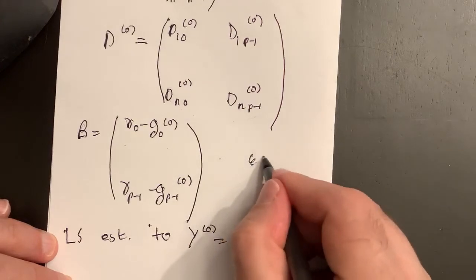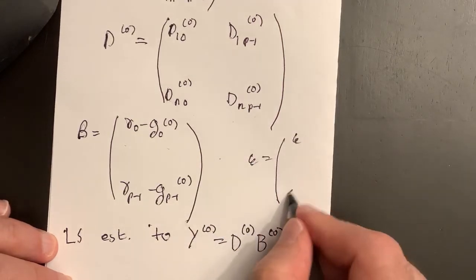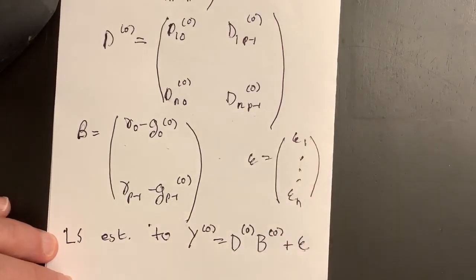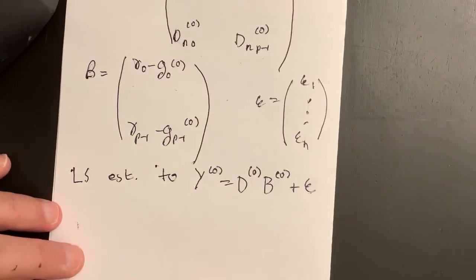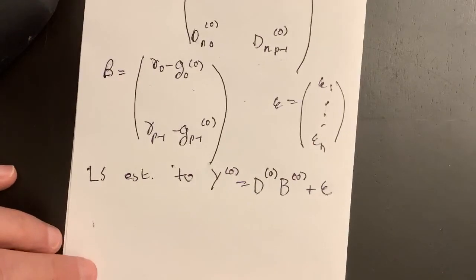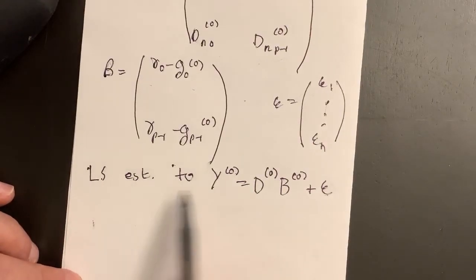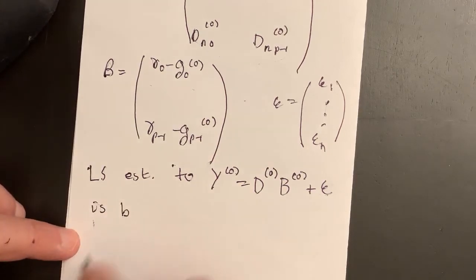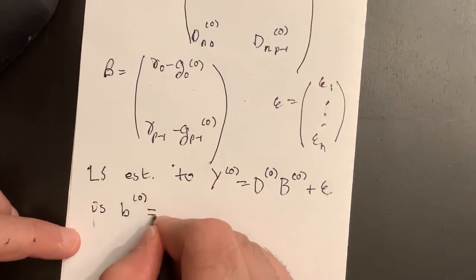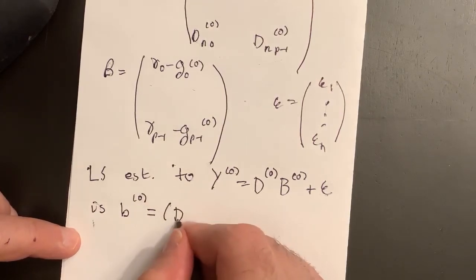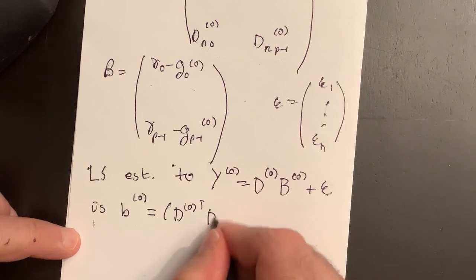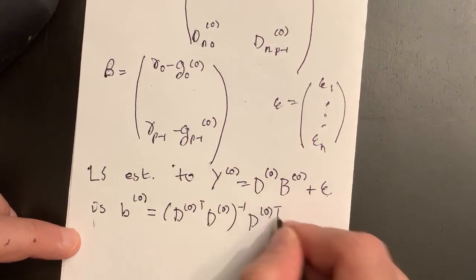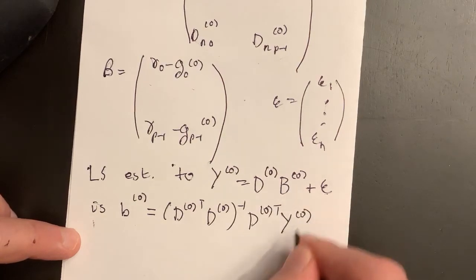You can think of epsilon as a vector of error. The least squares estimate to this is as before, b0 equals d0 transpose d0 inverse d0 transpose y0.